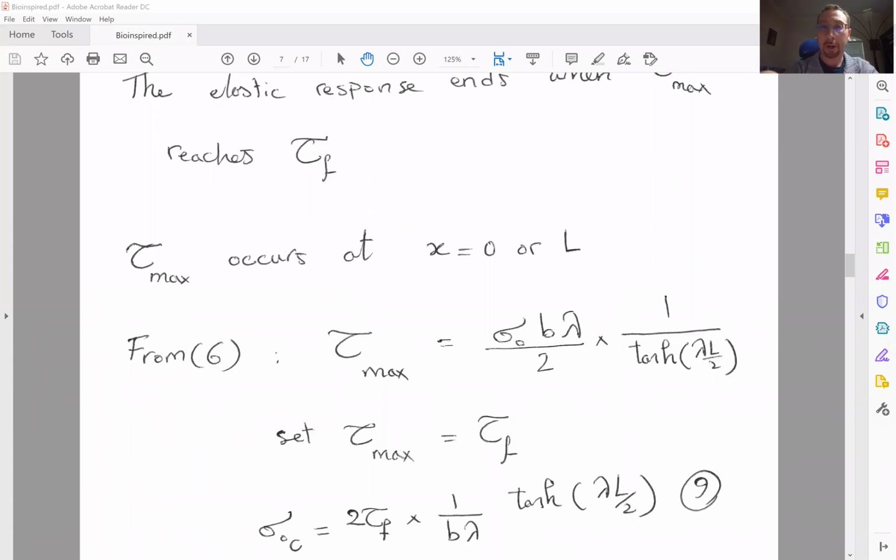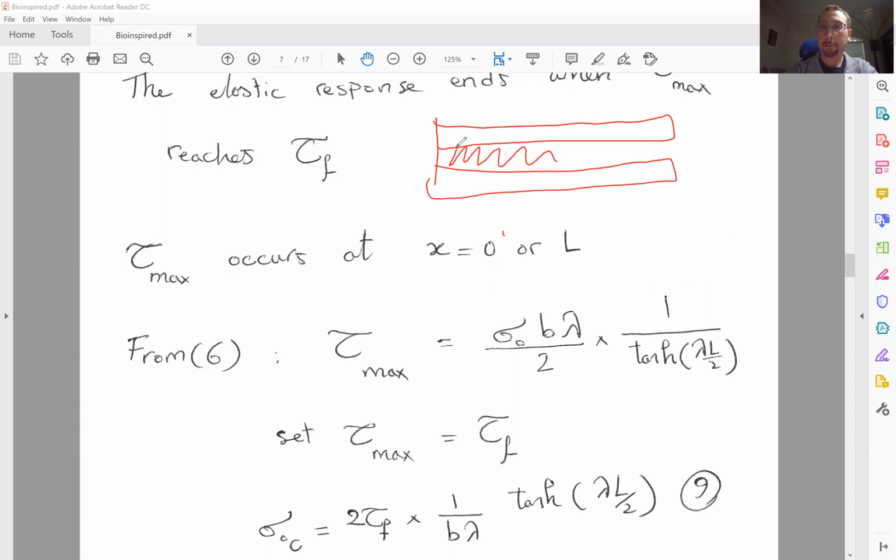in the case of carbon nanotubes. So basically, if this was one tablet and this was the other tablet and we had the mortar in between them, we realized that these two far ends of the mortar are experiencing the highest shear stress.